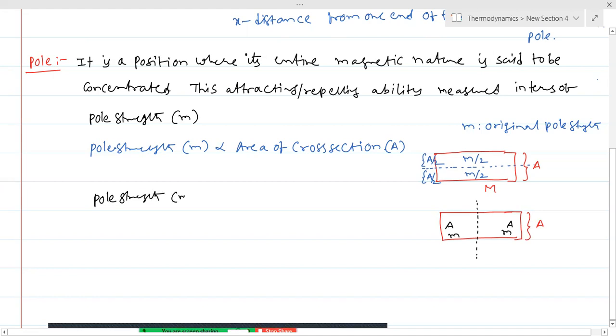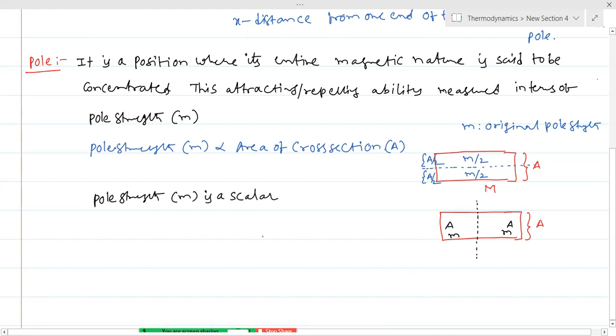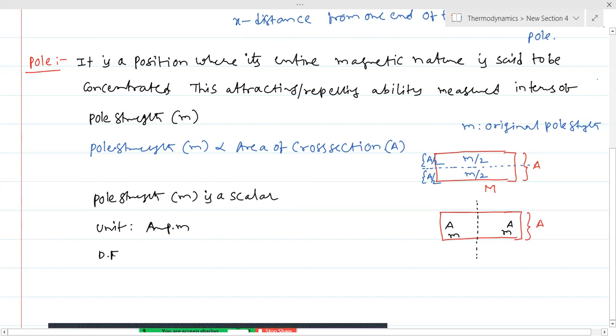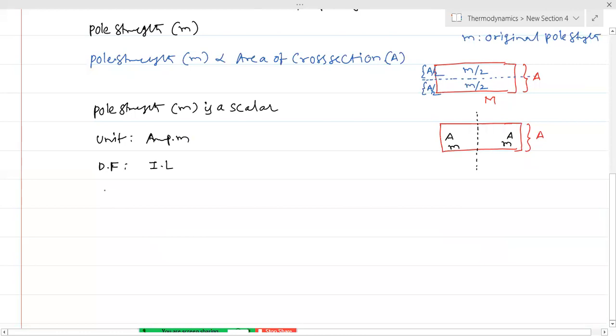Pole strength small m is a scalar. It has units ampere into meter, and its dimensional formula is I into L. I means electric current, which we measure in amperes, and length we measure in meters.